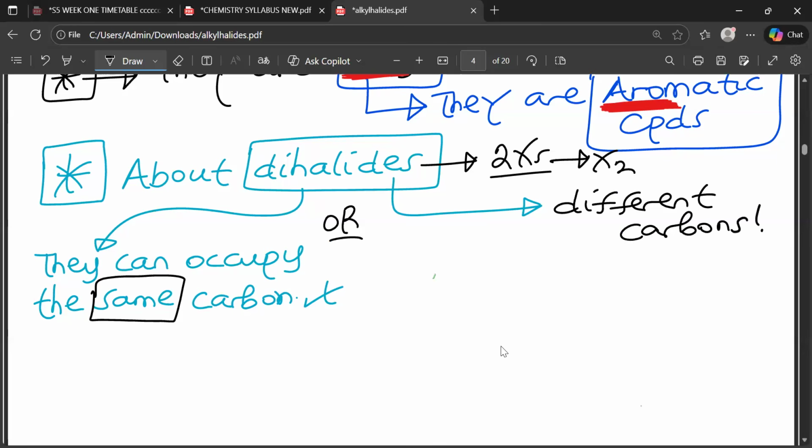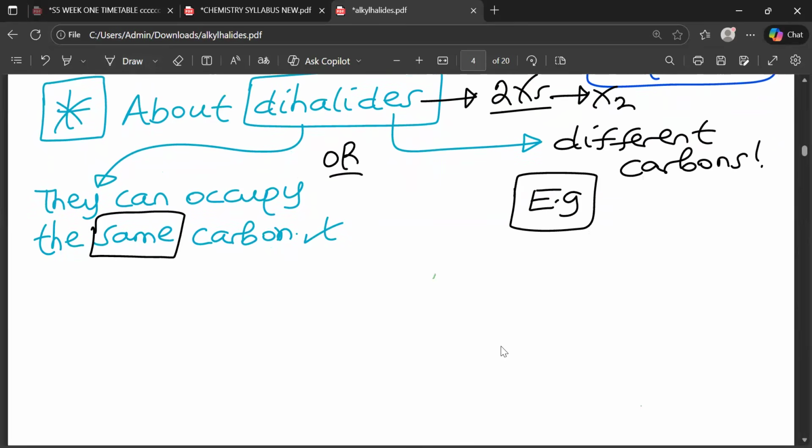They can occupy the same carbon or different carbons. I'm going to put here an example, and also another example.